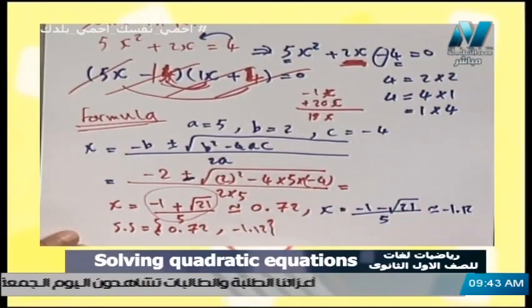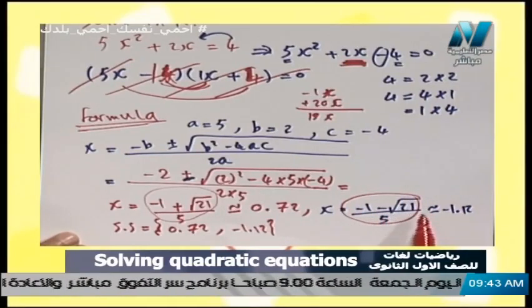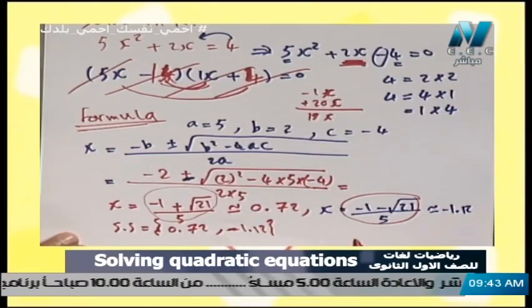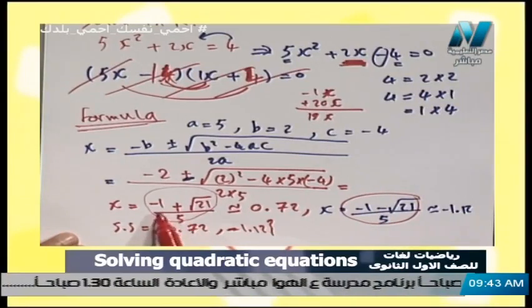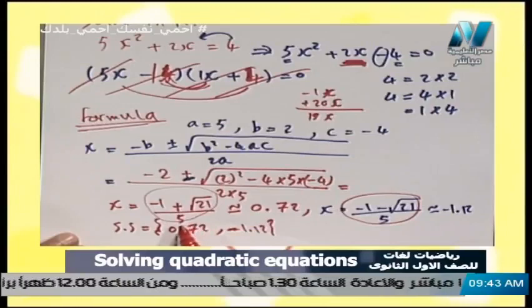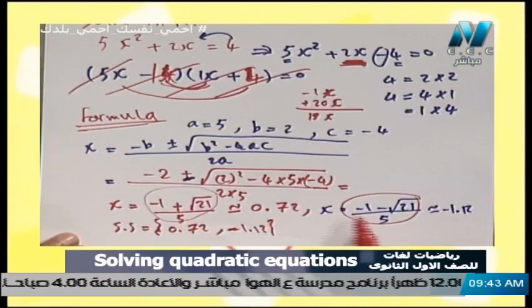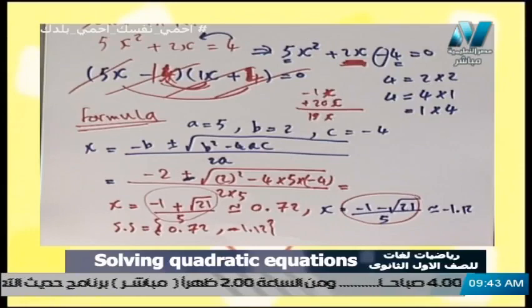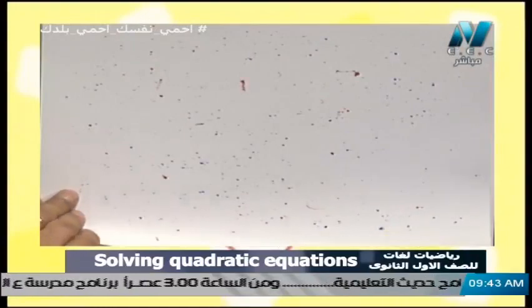Okay, and we can put the second number as negative 1 minus root 21 over 5 here instead of negative 1.12, and we have here the two roots, negative 1 plus square root 21 over 5 and negative 1 minus square root 21 over 5, the solution set of this equation and the two roots of this equation. Okay, let's move to another example.